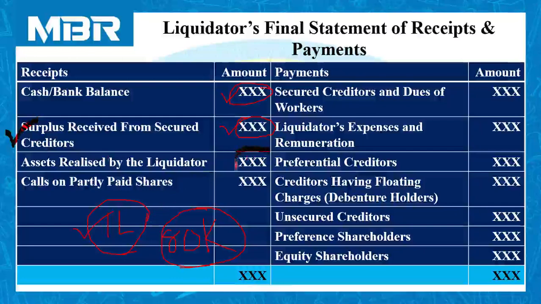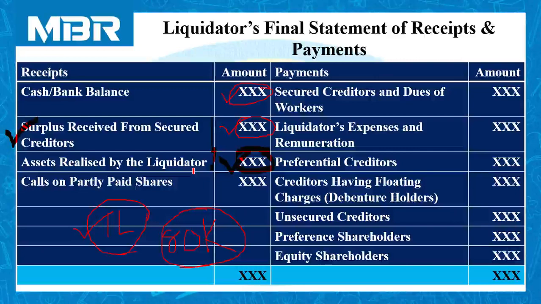Third, assets realized by the liquidator. It is not necessary to mention both of these items separately. You can consider surplus received from the secured creditors under assets realized by the liquidator.